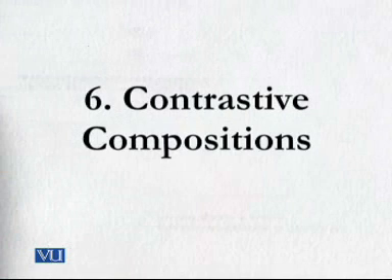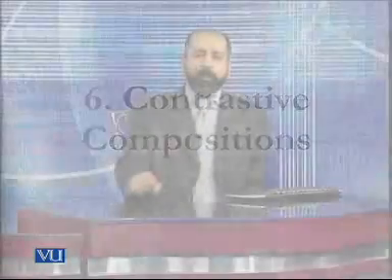Let's move towards our next multi-paragraph composition, and that is called contrastive composition. Contrastive composition means in which you compare, let's say, A and B. I mean, if you want to talk about major cities of Pakistan, for example, let's say Karachi, let's say Lahore, let's say these two cities, you want to discuss.